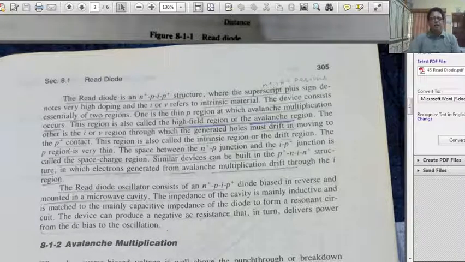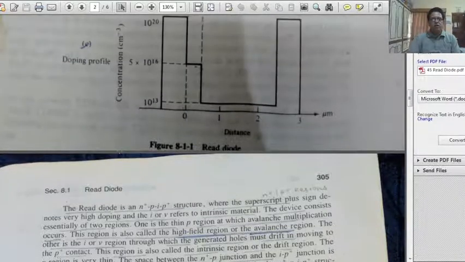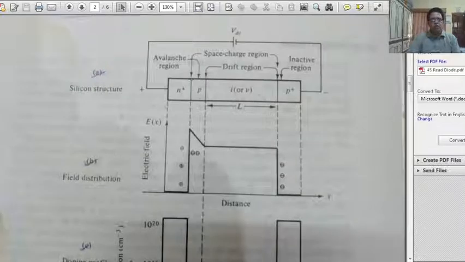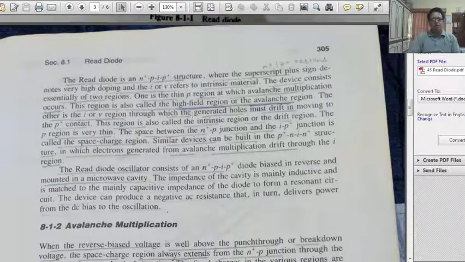The P region is very thin. We can easily understand that this region is very thin. The space between the N plus P junction and the I P plus junction is called the space charge region.